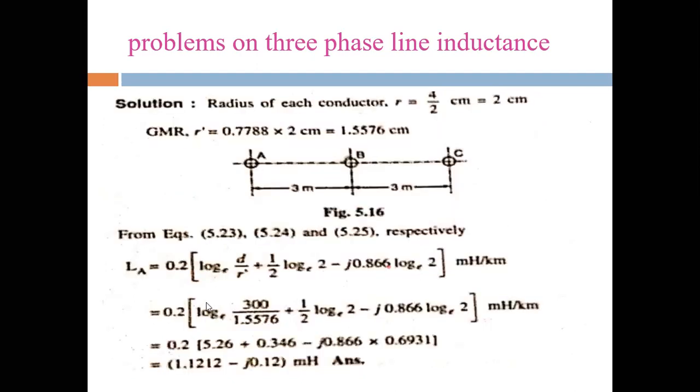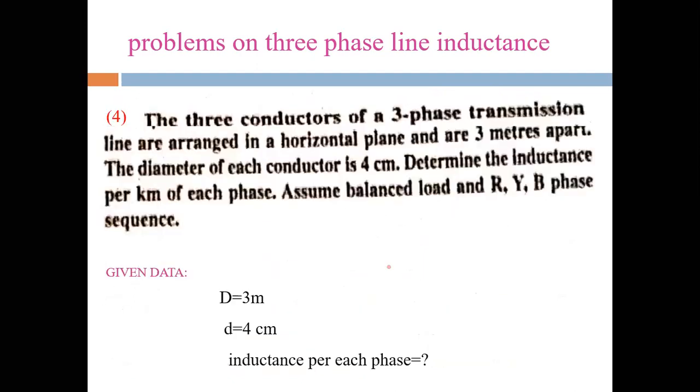These problems are the three-phase transmission line systems. The first one is where the three conductors are arranged in the same plane. The next is where the three conductors are arranged in a triangular shape with equal spacings.